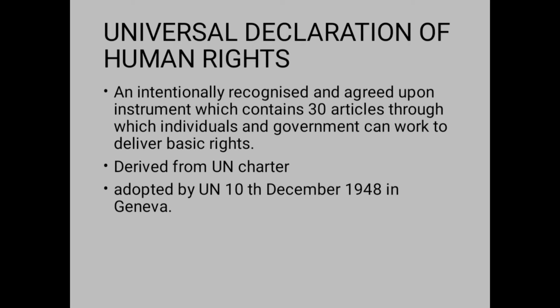So what is the Universal Declaration of Human Rights? This is simply an internationally recognized and agreed upon instrument, agreed upon by countries, which contains 30 articles through which individuals and governments can work to deliver basic rights.